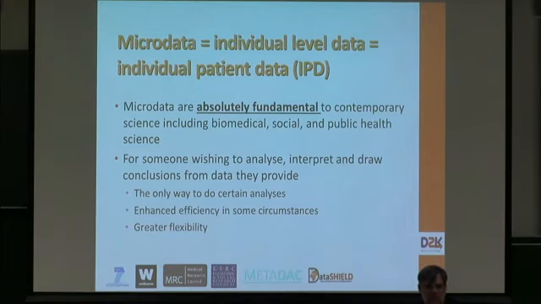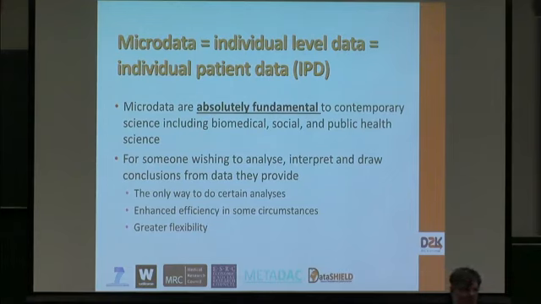Okay, and the bottom line here is that science and inferences in science are very strongly dependent on being able to work with what in informatics is called microdata. In epidemiology, it's typically called individual level data, and in meta-analysis on the biostatistical side it's often called individual patient data.